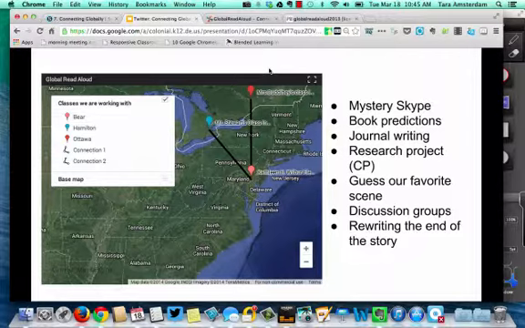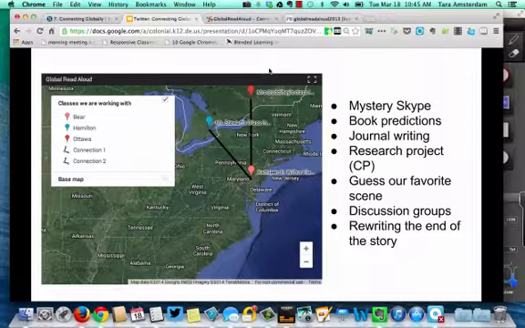We did a research project on cerebral palsy because the main character had cerebral palsy. We drew our favorite scenes and had the other class try to guess what our favorite scene was. We participated in online chats using discussion questions from chapters that we had read, and we participated with other classes that we connected with, and we were all typing at the same time. And then we rewrote the ending of the story.